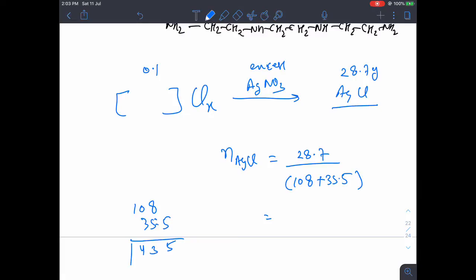So basically it will be 143.5. So 28.7 divided by 143.5.